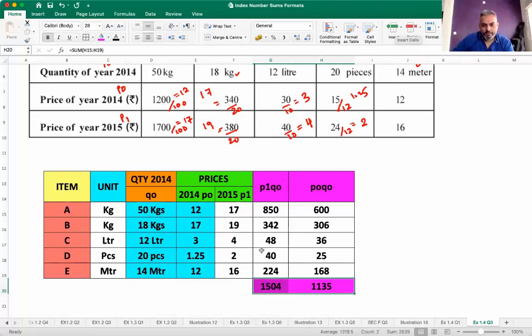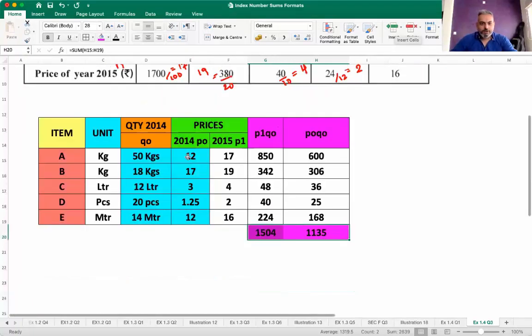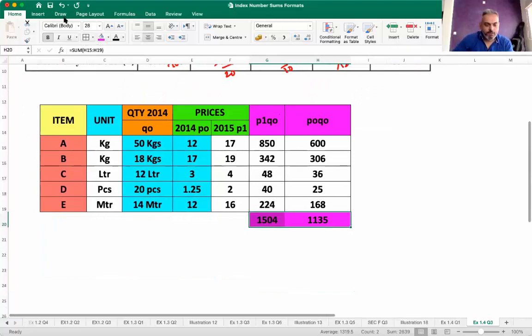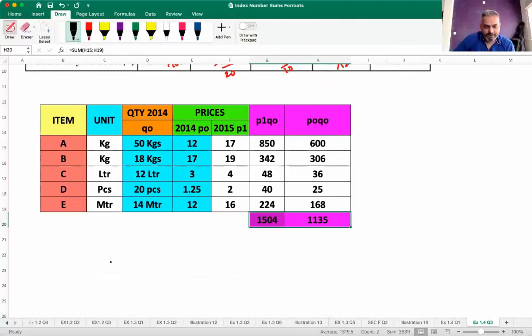Now, already we have found out everything. So let's find the answer using total expenditure method.